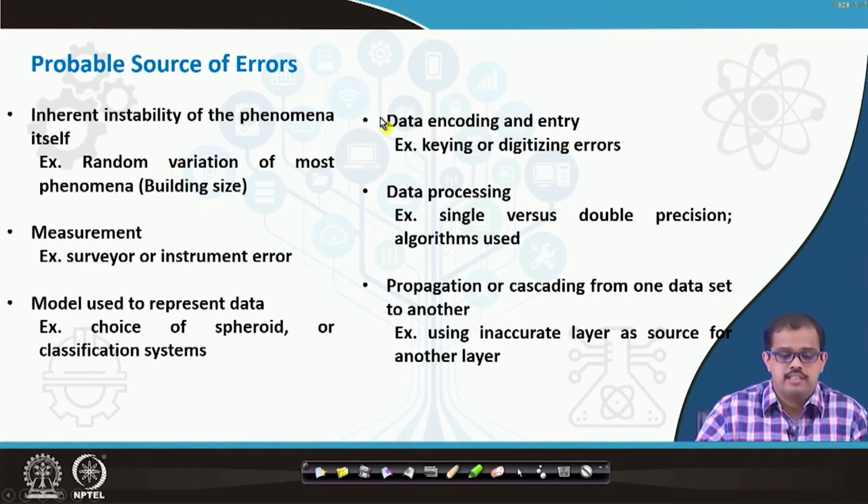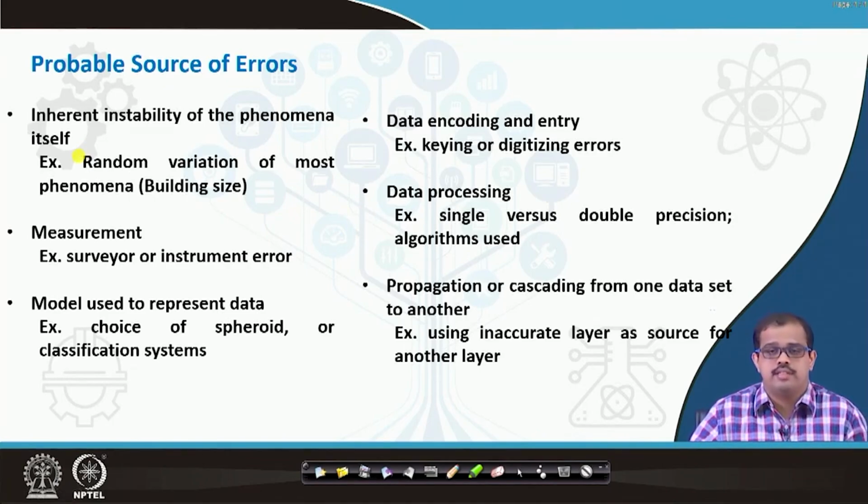These are the inherent instability of a phenomenon itself, for example random variation of most phenomena, such as building size. If you are looking at 5 years and there is a change in building size, and you take that as a reference point, that can also creep in as an error. Measurement instruments come in as instrument error or surveyor error.